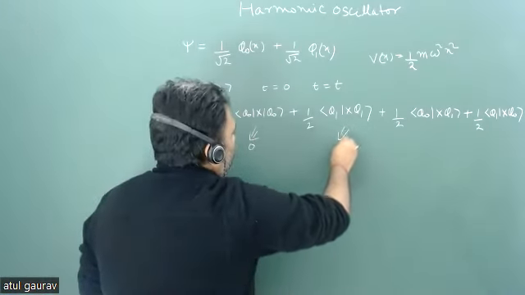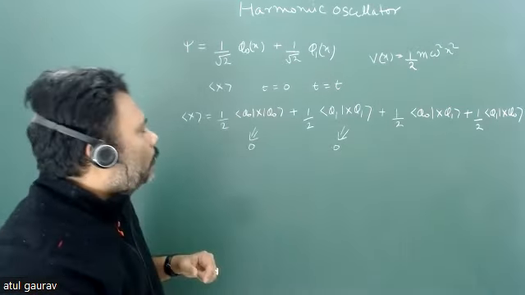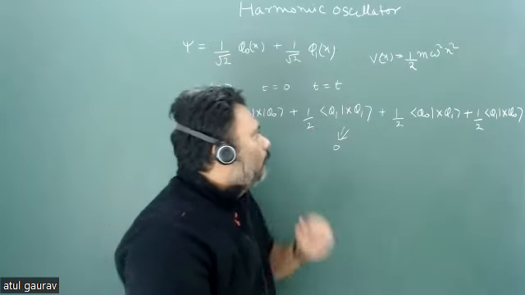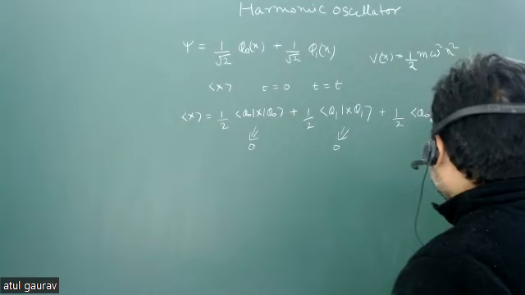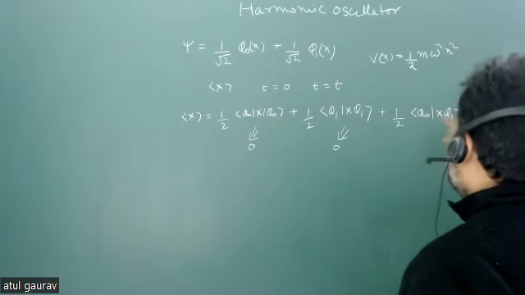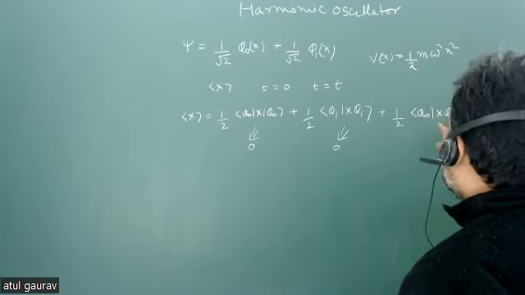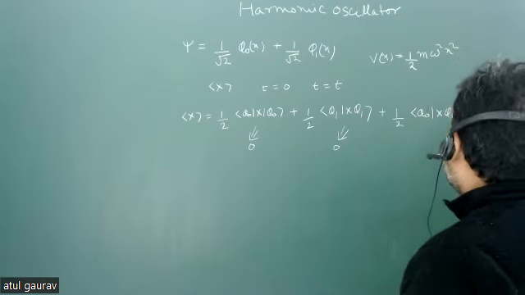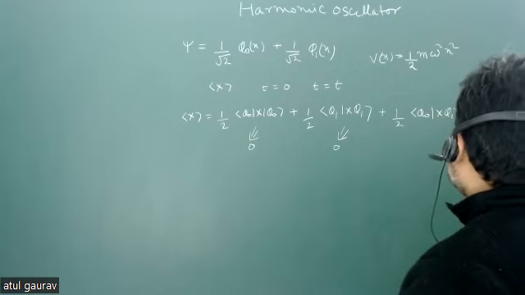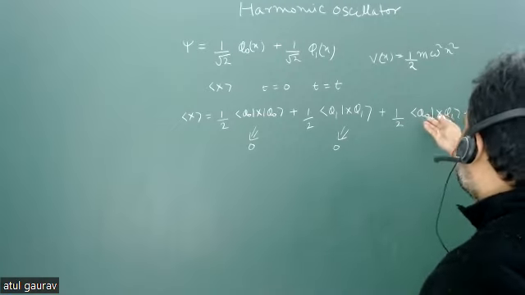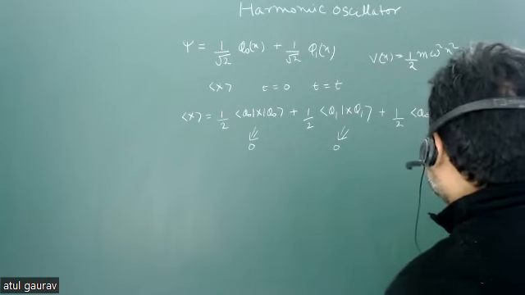This value is again 0, because the expectation value of x in the ground state of a harmonic oscillator is 0. The expectation value of x in the first excited state is also 0. But these two terms are not 0. We have to check the value of these two terms, and you will find that they are always the same, because everything is a real function. So when we have real functions, we can easily write this.